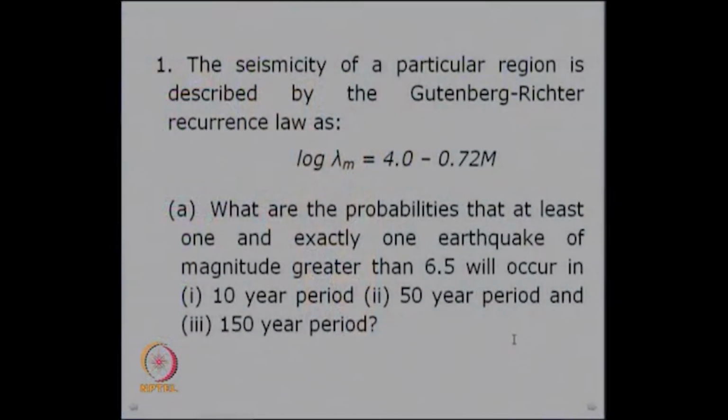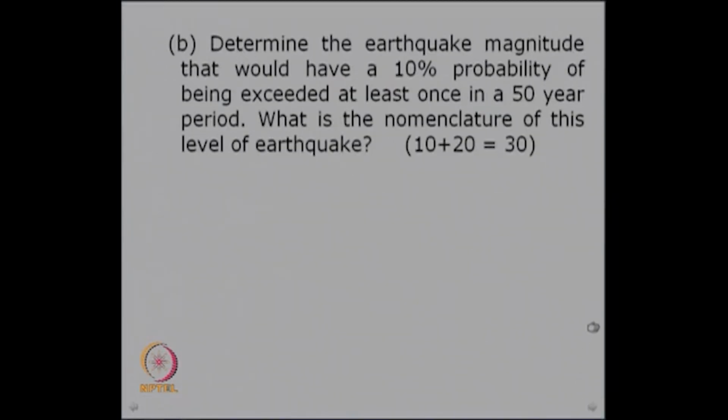Now, let us move to the slide. Next we will move to part B, which says: determine the earthquake magnitude that would have a 10% probability of being exceeded at least once in a 50-year period. So, this is a kind of reverse problem of part A. Can you see?